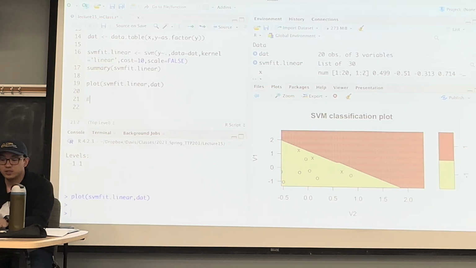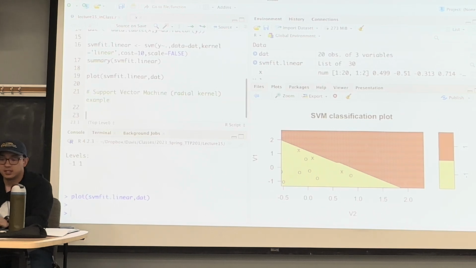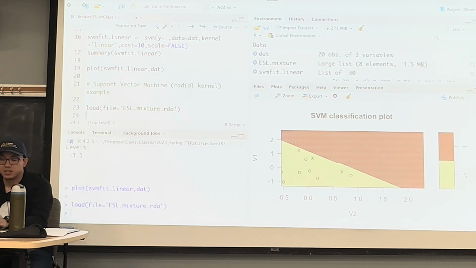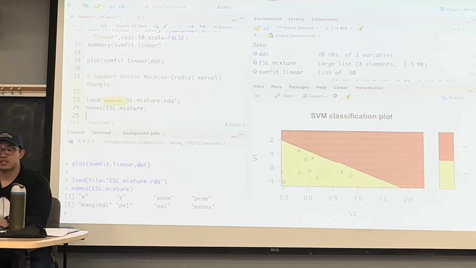And let's do a support vector machine example with a radial kernel. So I'm going to load a file, ESL.mixture.rda. So we'll look at what this looks like.